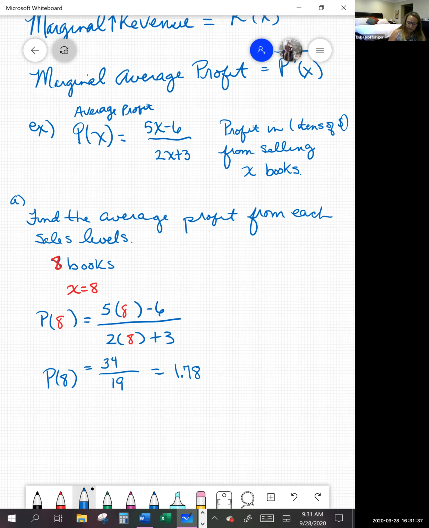But that's a profit or average profit from each sales level. Let's look at the profit at 7 books.